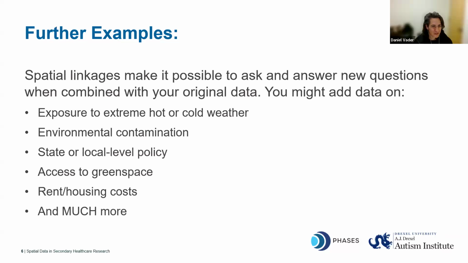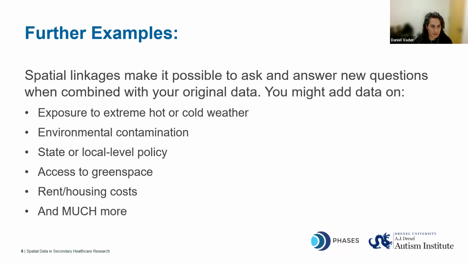Apologies for the mix-up. But I just wanted to highlight, to get folks excited about all the possibilities for bringing in other data to enrich the data sets that you have. There's really a ton of different things that you can do. We might be talking about a few examples here, but the reach of what you can bring into your data set using these spatial linkages is really big.